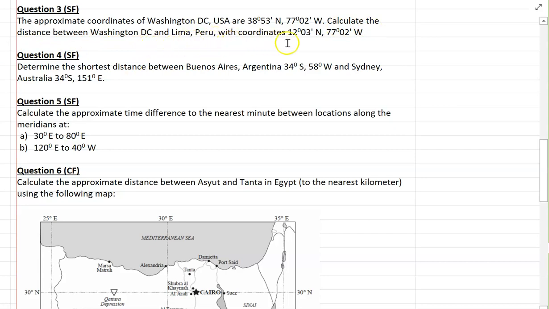And Lima, Peru has the coordinates 12 degrees 3 minutes north, 77 degrees 2 minutes west. So if you have a look at your formula sheet, hopefully you're thinking about whether these two places have a latitude in common or a longitude in common, and go from there. All right, press pause and see if you can calculate the distance between them.